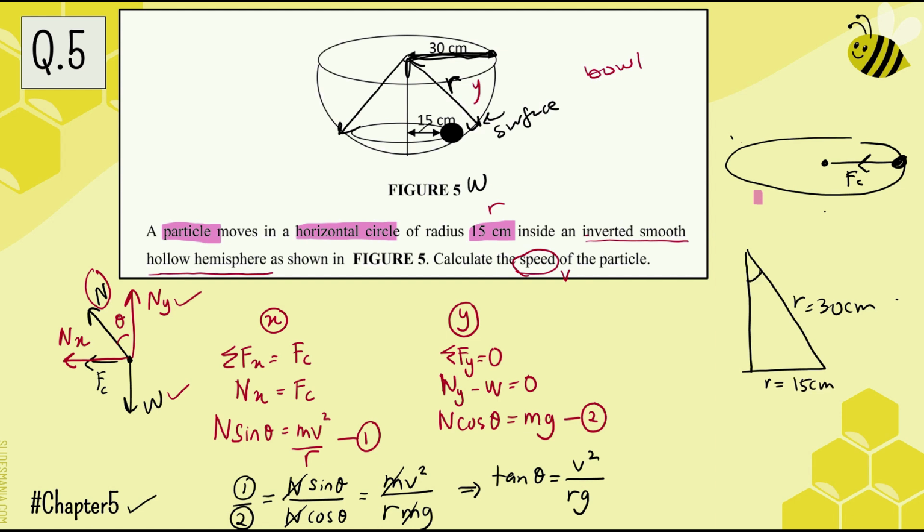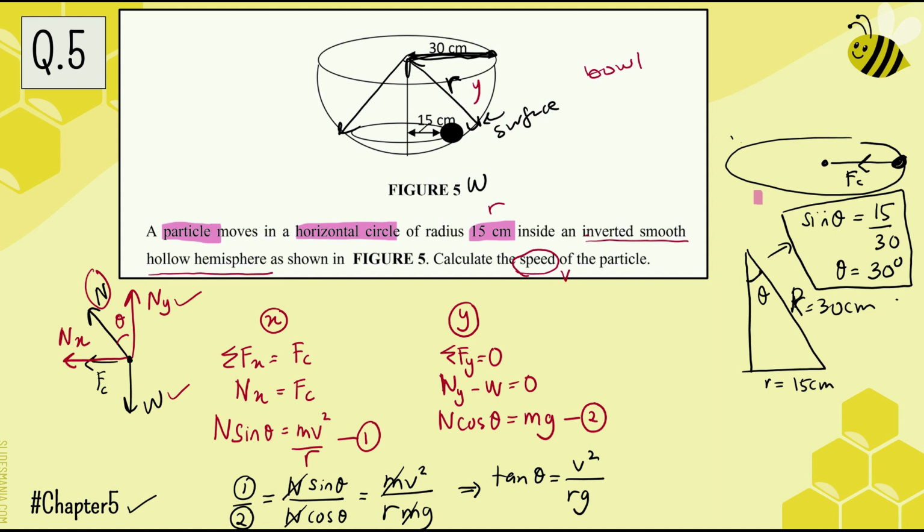So we want to get the angle at this position. If I write down here our big R, then we can have an equation: sine theta is equal to 15 over 30. Then finally, using a calculator, you'll get your theta is 30 degrees.